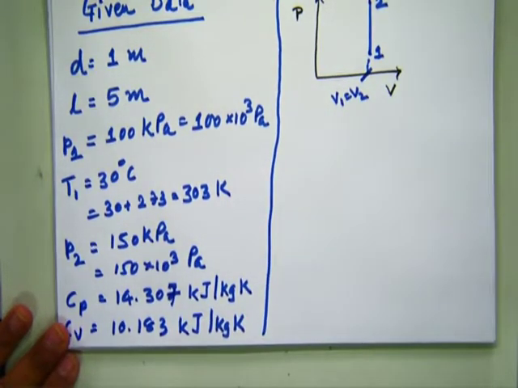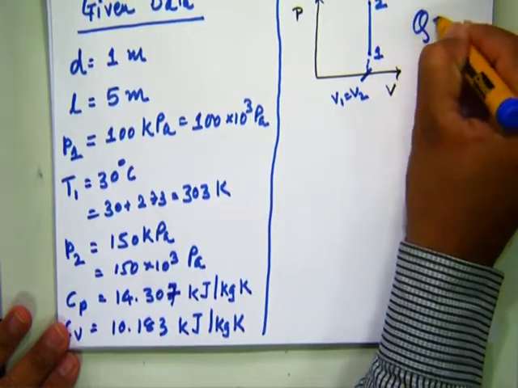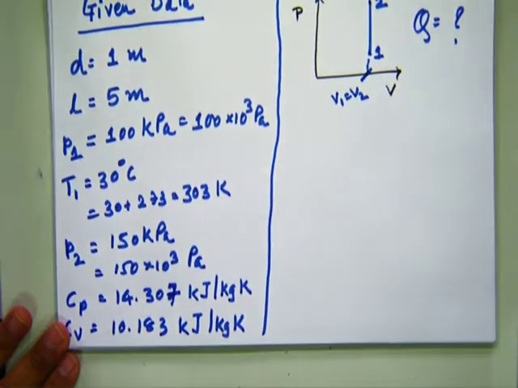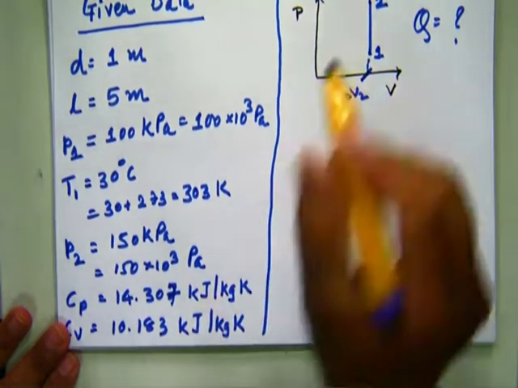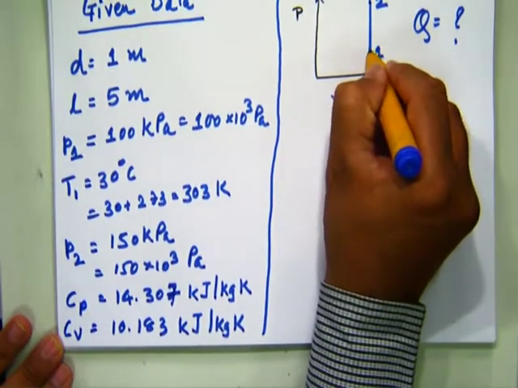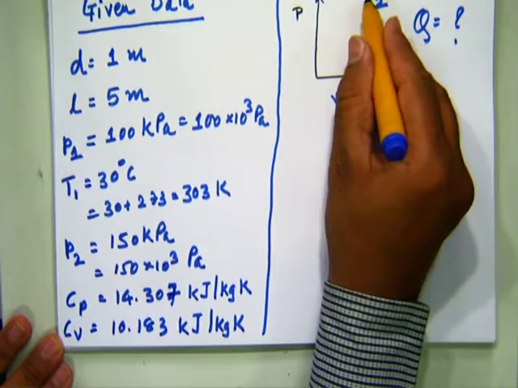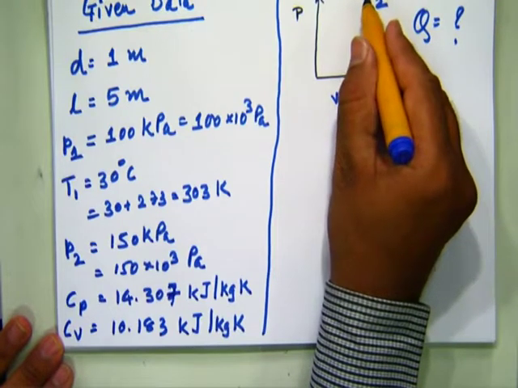We are interested in how much heat is supplied in order to raise the pressure from P1, that is 100 kilopascal, to P2, 150 kilopascal.